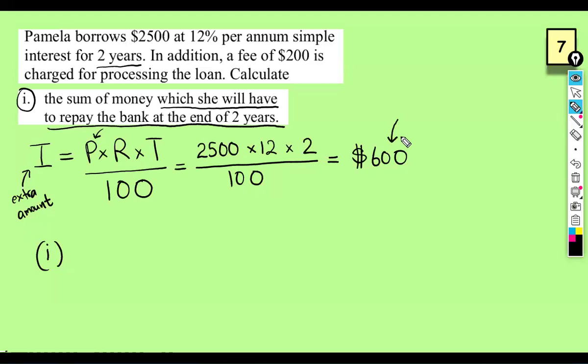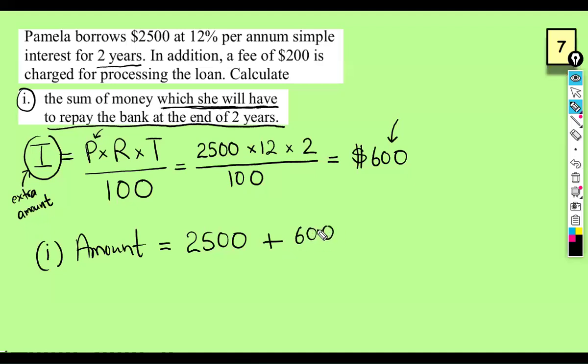You're not going to feel too good, right? Remember, the 600 is the interest. We calculated the interest. They want to know how much she has to pay the bank. She has to pay the bank, sorry, we use the word amount. Let me write it out for the examiner. The amount you're going to have to pay the bank is the $2,500 you borrowed. You obviously have to give back that, plus the extra of 600.